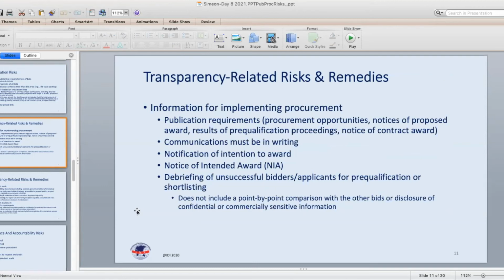Another one on this page is the technique of debriefing of unsuccessful bidders following the issuance of the notice of intended award, which we mentioned. Actually, there's a repetition in the slide here: notification of intention to award, notice of intended award. I think it's meant that those should really be consolidated. Sorry about that.